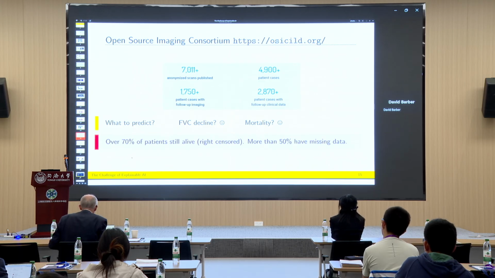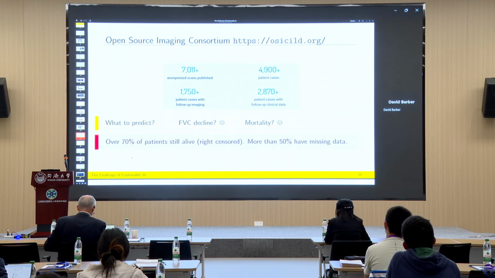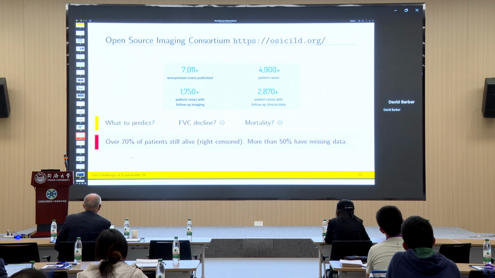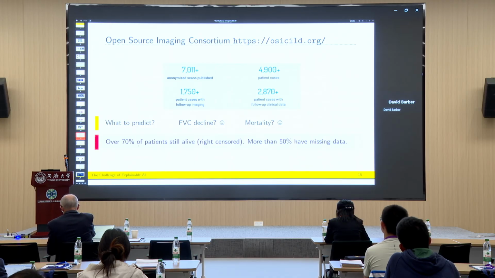One of the challenges in this data set is that over 70% of the patients are still alive at the time that we ran our model. So this is so-called right-censored, and almost half of them have some missing clinical information as well. You need to be thinking of practical ways to deal with the fact that if you're trying to predict the time of death, the majority of the patients haven't yet died.